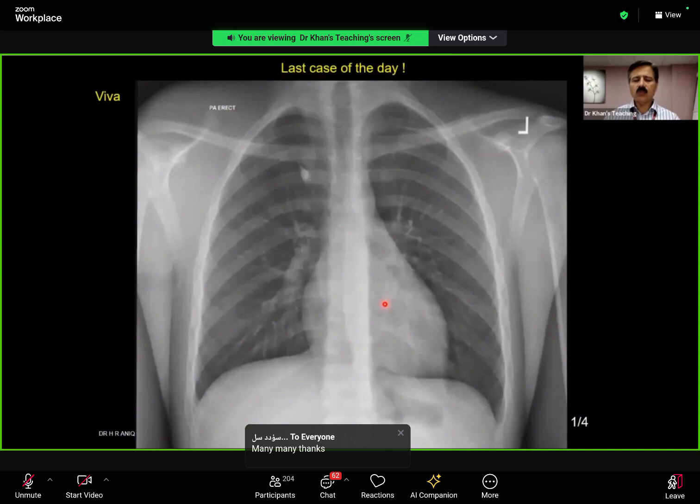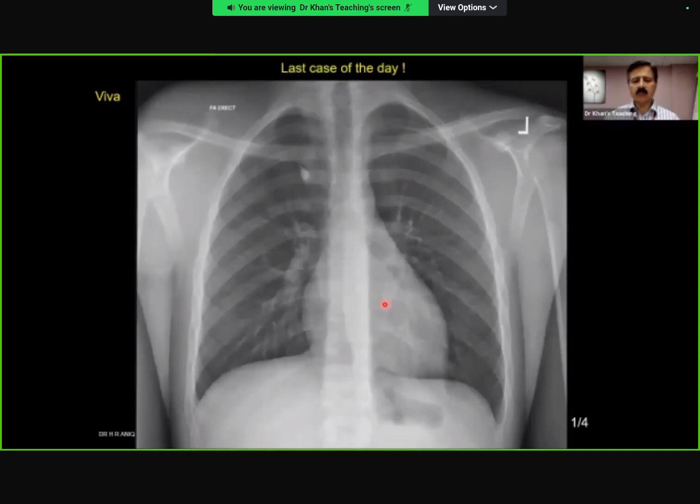And you start describing: lungs are clear, heart is this, hilum is this, trachea is this. And as you go, three things will happen. Number one, if you keep quiet, you will get very tense, your adrenaline gets secreted, and then you will lose your concentration and you will be terrified.